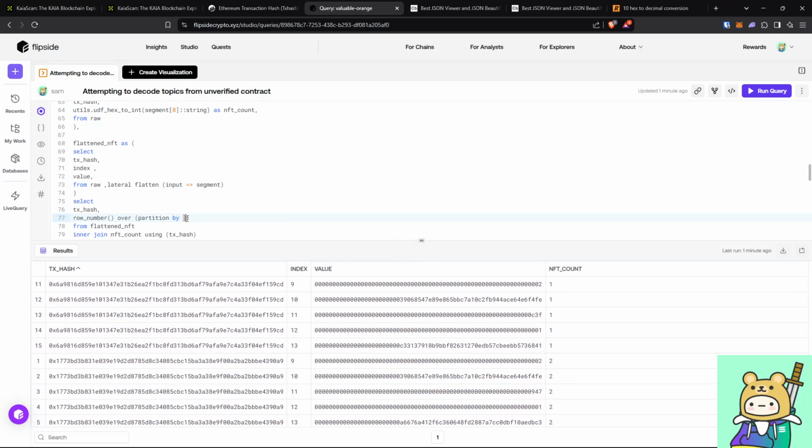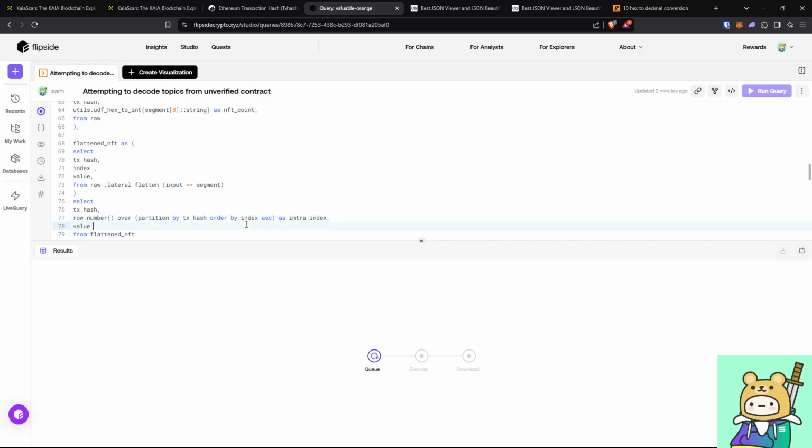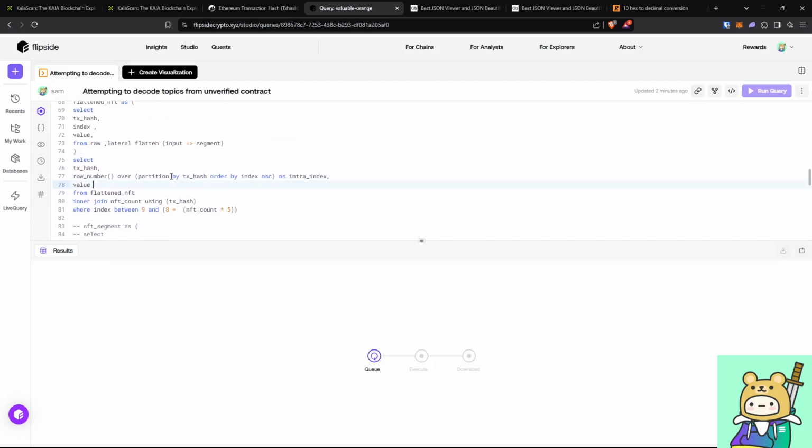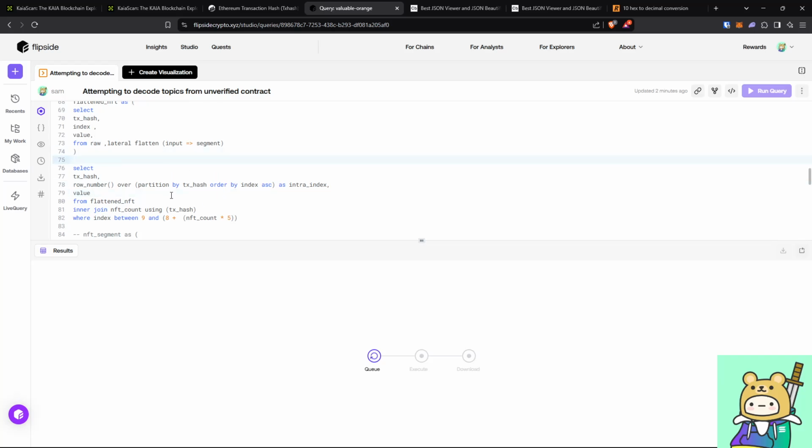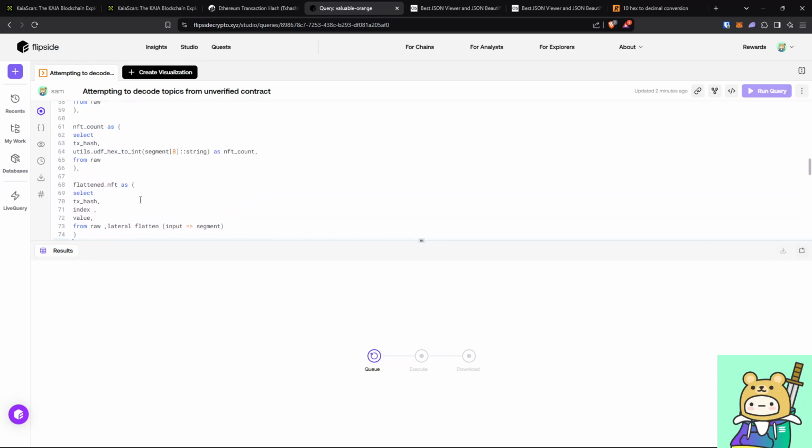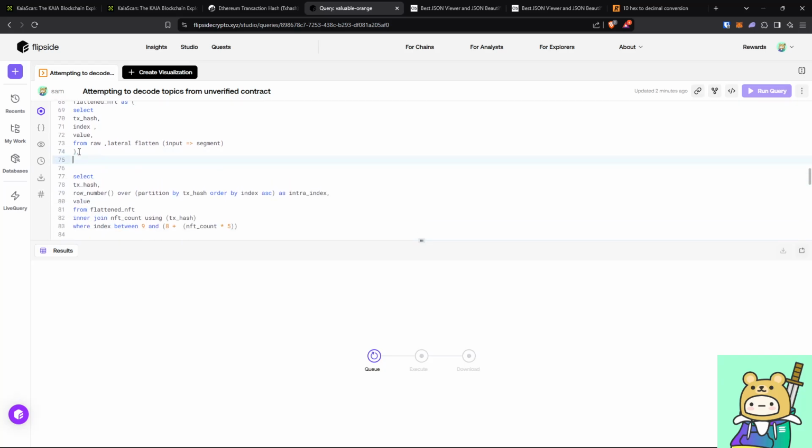No, I think row number first. So row number ordered by tx hash ordered by index ascending as intra index, why not? And the value, of course. So by doing a row number, I am, oh wait, I should be doing the row number after this join. Okay, so let me just get it out then.